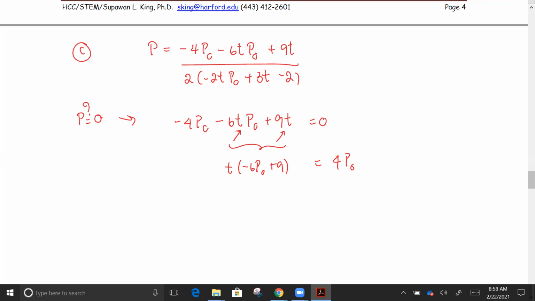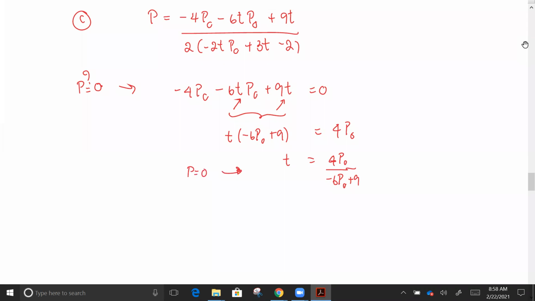Okay, that means t equals 4p0 divided by negative 6p0 plus 9. Now we get the expression for t. For p equals 0, is that possible? We have to make sure that t is greater than or equal to 0.